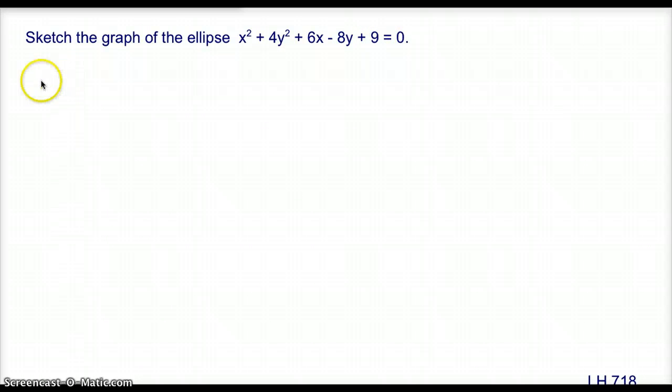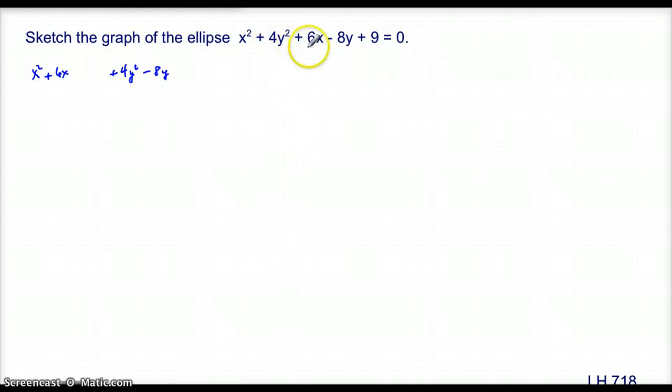The first thing I'm going to do, I'm going to start over here, is say we've got x squared plus 6x, and I'm going to leave a space, plus 4y squared minus 8y.